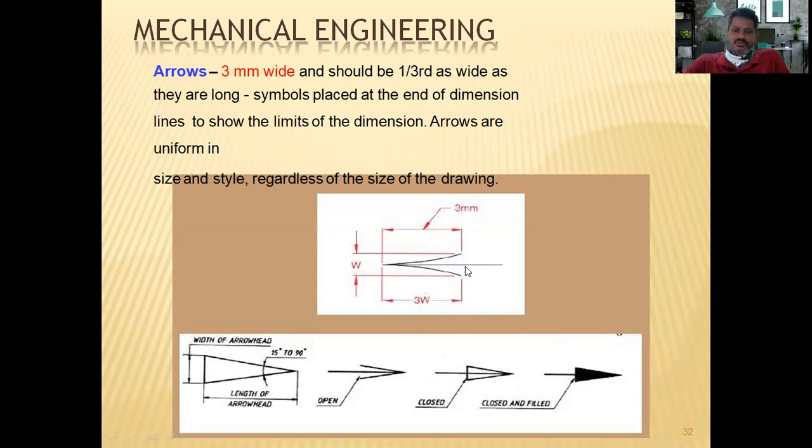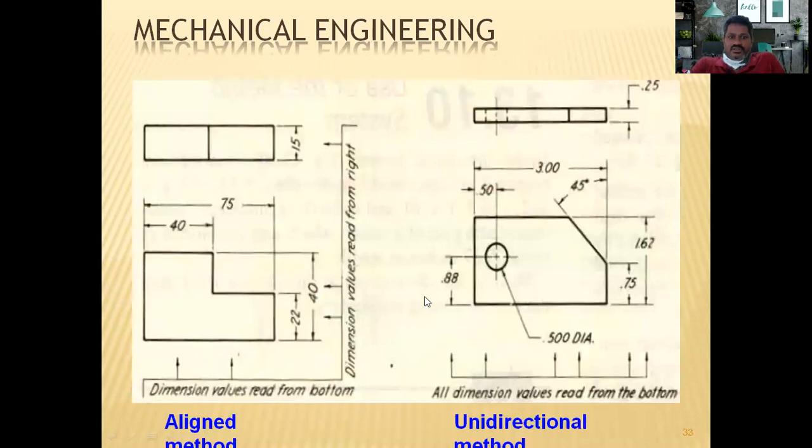If it is 3, it should be 1 millimeter. There are different types of arrows: open-ended, closed-ended, and closed and filled. Normally we draw these three types. Try to remember this ratio, 3:1.